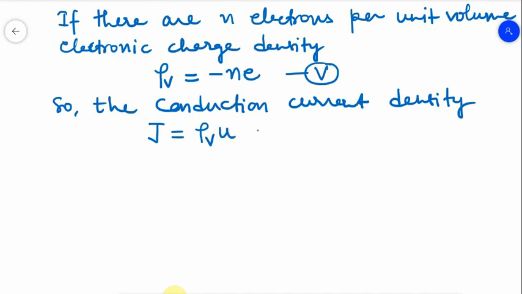If we put the values, the value of rho v is minus n e, and from the fourth equation the value of u is minus e E tau upon m.